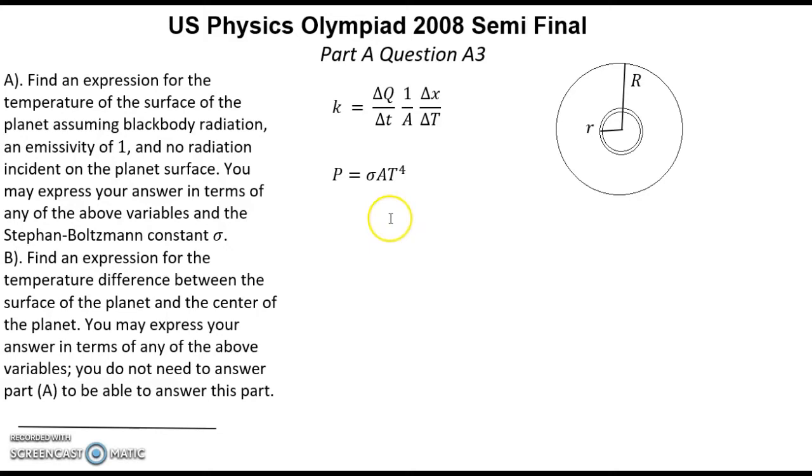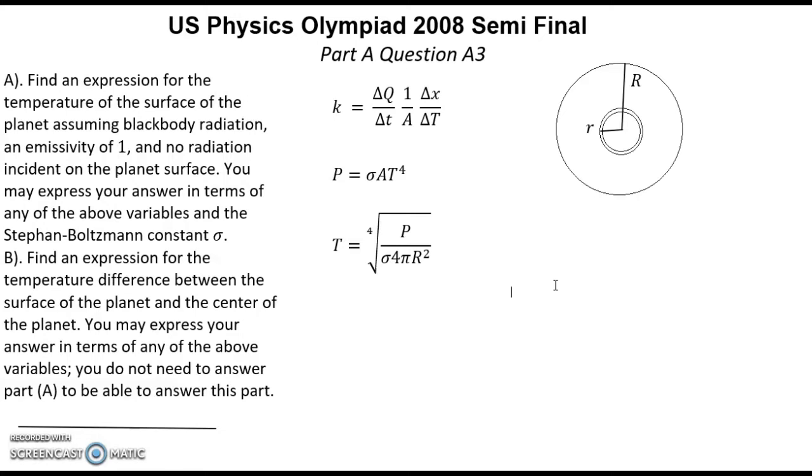And now from this formula we can immediately find the temperature of this planet. This is the expression. We have 4 pi R squared, that's the area of the surface of this planet. And this is the answer for question A.